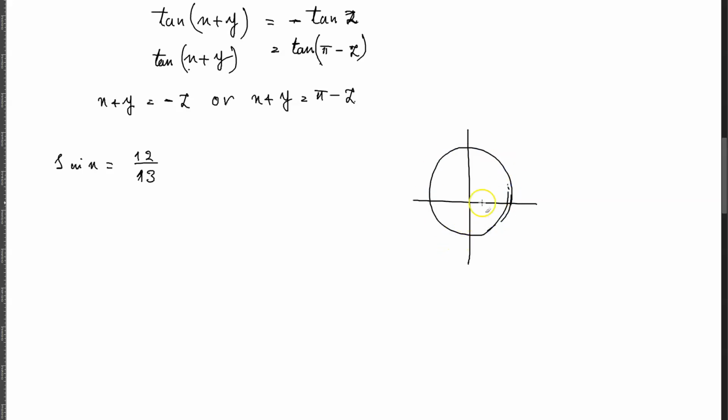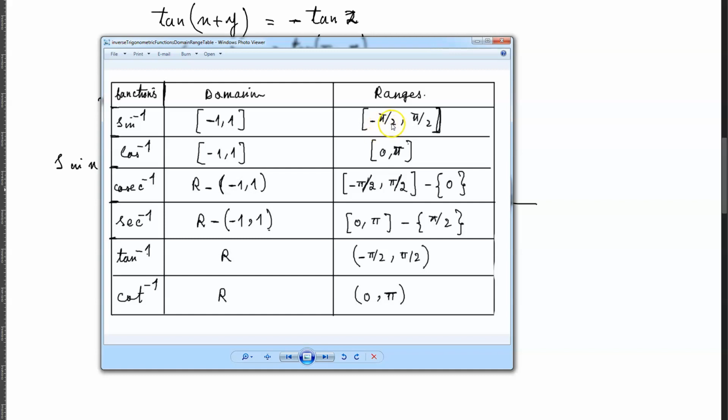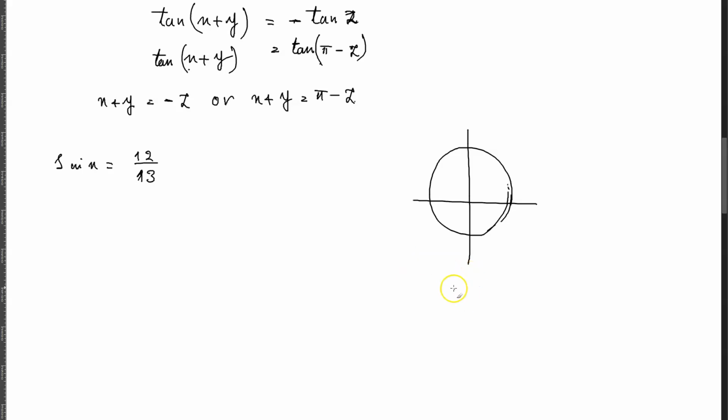Now we restricted the domain of the sine function to negative pi by 2 to pi by 2, right? So that means that the domain of the sine function goes from negative pi by 2 to pi by 2, meaning that it goes from here all the way up to here.